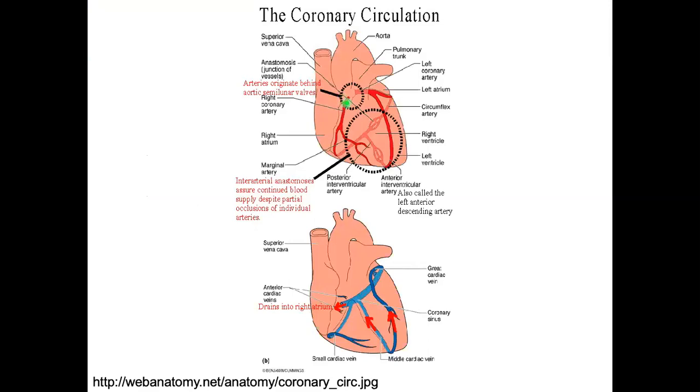So here's a really good picture. So the arteries originate behind the aortic semilunar valve, or just distal, right, to that valve. And so here is your right coronary artery. Here's your left coronary artery. Notice that it becomes the circumflex artery, right, around.